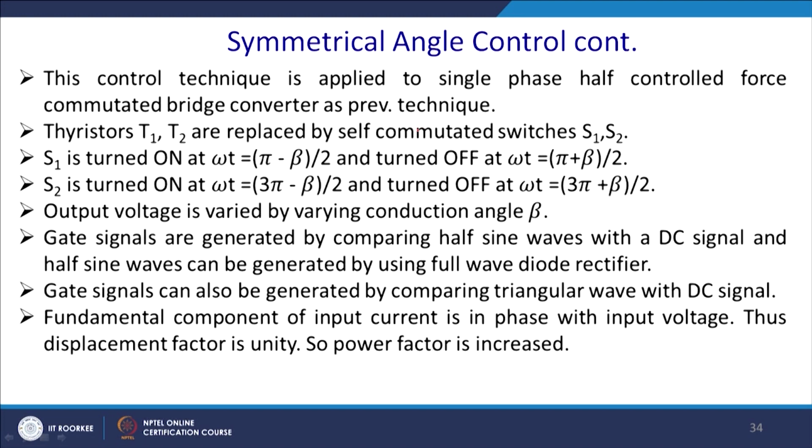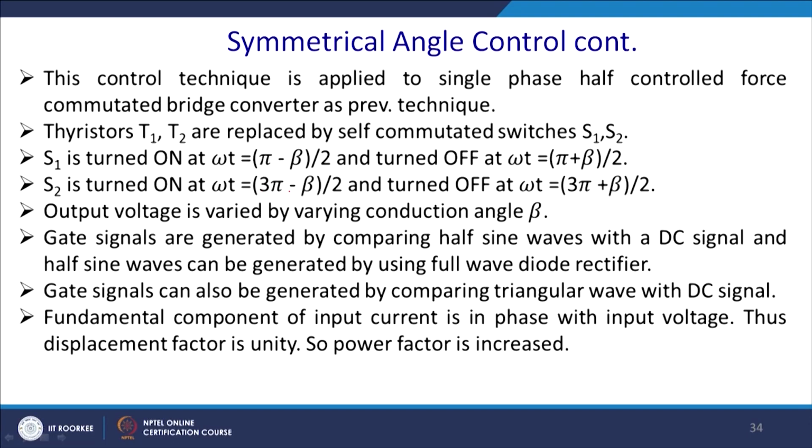S1 is turned on at pi minus beta by 2 and turned off at pi plus beta by 2. So, beta is the angle of conduction. S2 is turned on at 3 pi minus beta by 2 and off at 3 pi plus beta by 2. Output voltage is varied by varying the conduction angle beta.